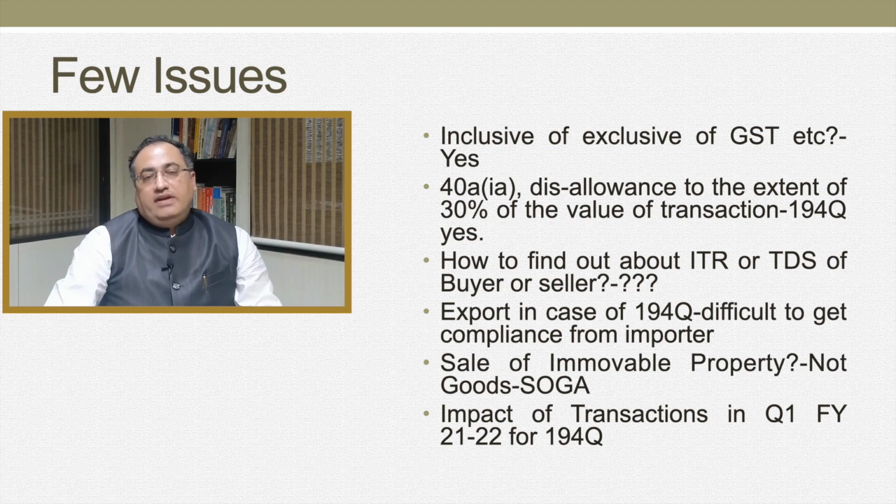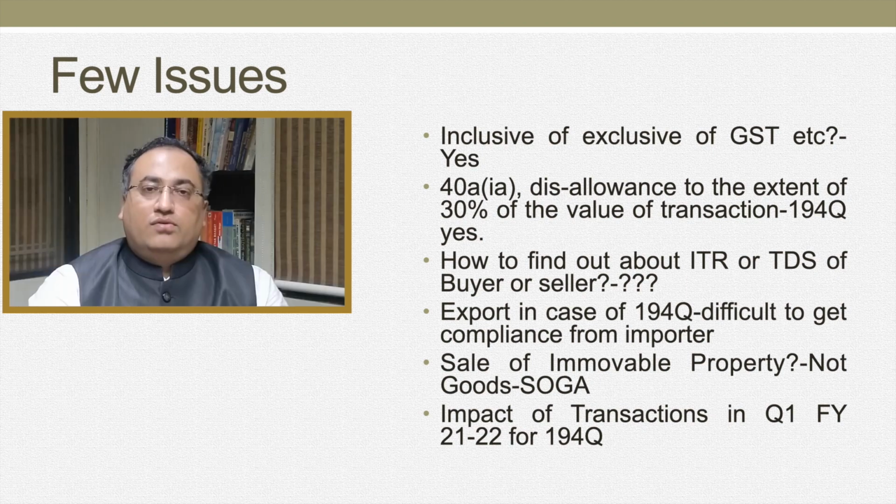Before I conclude, a very important and last point: what will happen to transactions which are sale or purchase transactions done in the first quarter of financial year 21-22 in relation to section 194Q, because section 194Q is being made applicable from 1st July 2021. So you see, there is a limit of rupees 50 lakh of transaction during the current year in order to evaluate whether the TDS has to be collected or not.